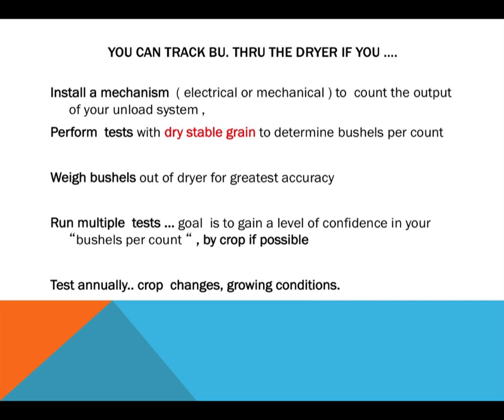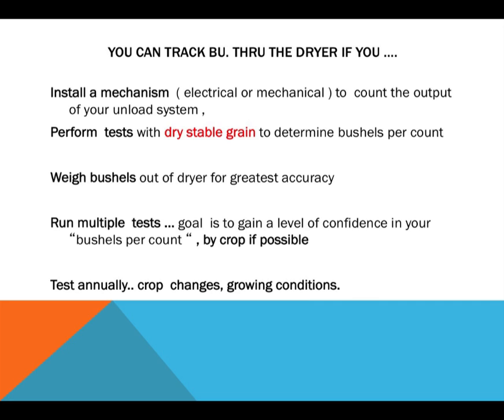Tracking it during harvest is one thing. Trying to get to the point where you can use the information is another. Okay? Weigh the bushels out of the dryer for the greatest accuracy. And I'll go through a quick example of that, and you'll see about that. Run multiple tests. The goal is to gain a level of confidence in your bushels per count.